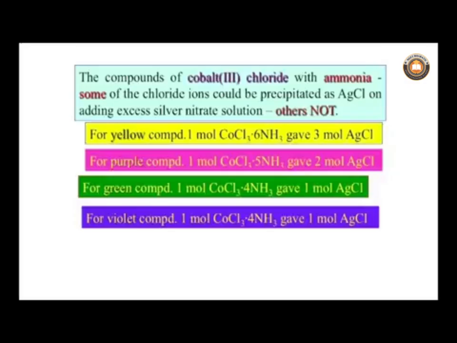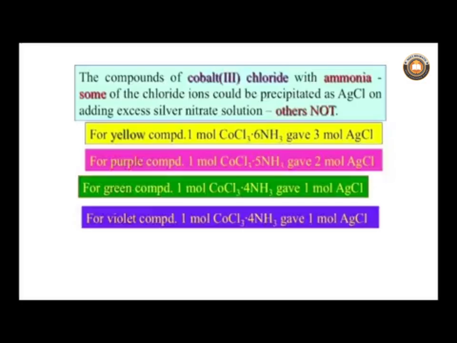If we analyze this compound for the percentage of cobalt, nitrogen, and chlorine as chloride, we will find that this is the typical molecular formula. That molecular formula also corresponds to the reaction we just told you about: dissolve the yellow compound in water and react it with a colorless solution of silver nitrate, in excess, so that all the chlorides present can be removed.